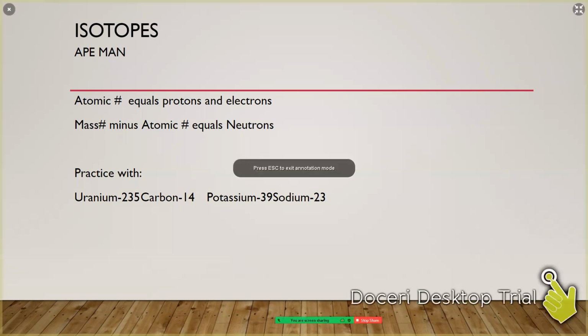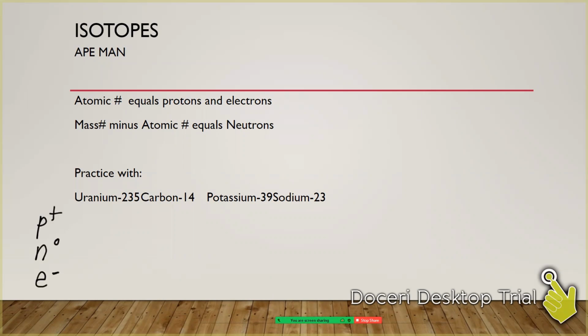So we'll start with uranium. Uranium-235. So that's the isotope. I want to figure out how many protons, how many neutrons, and how many electrons I have in it. So to get my protons, I need the atomic number. So I have to find uranium on the periodic table, and its symbol is U. It's down in one of those pulled out areas because it's radioactive.